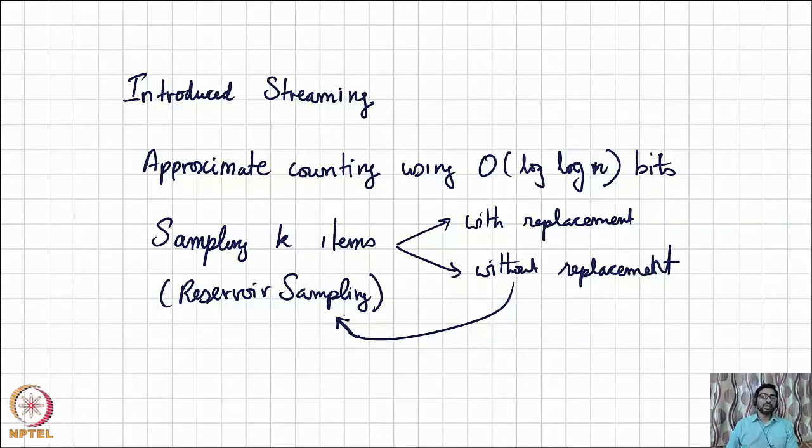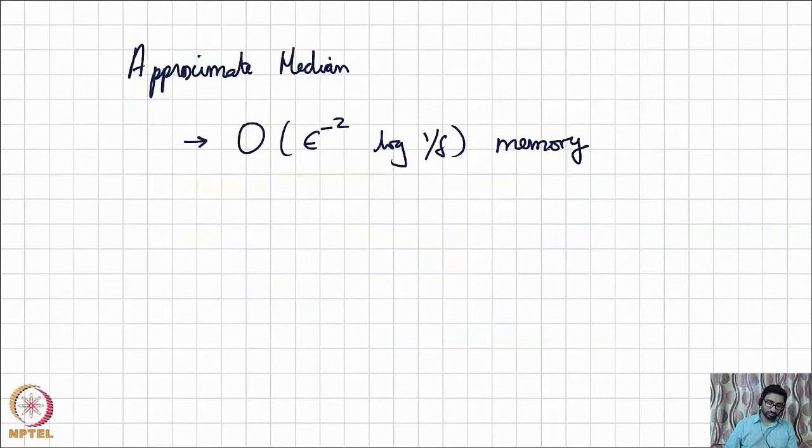So what we are going to look at today requires a lot less memory and just a single pass. In particular, this approximate median algorithm will only require O of epsilon to the -2 times log 1 over delta amount of memory, and it will require exactly 1 pass.